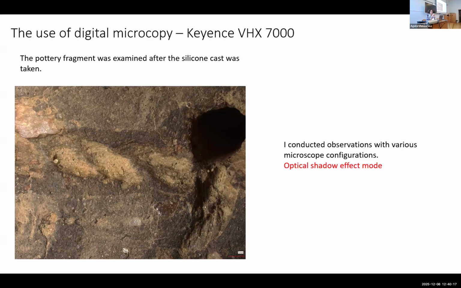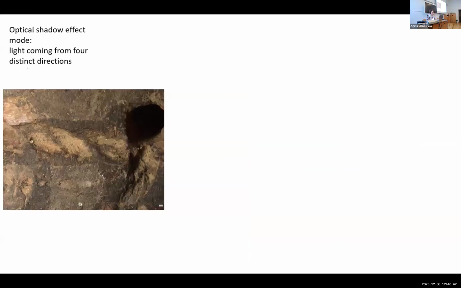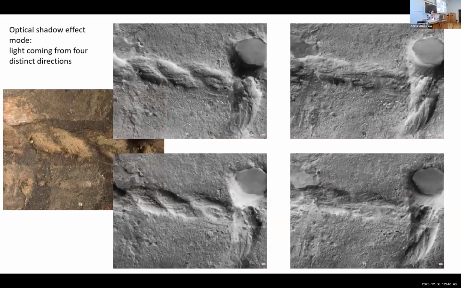It's not a problem. And when we conduct the observation with various microscope configuration, in the Keyence, it is called optical shadow effect mode, and I think it's a similar effect to the RTI, because it also takes pictures using different directions of light. And here you can see the results are like this.